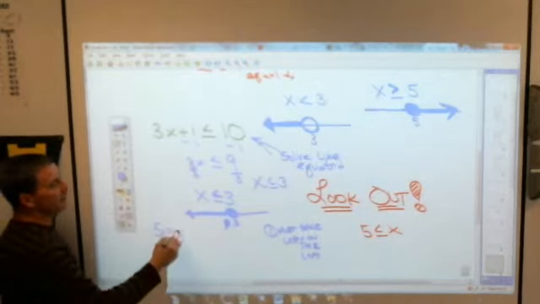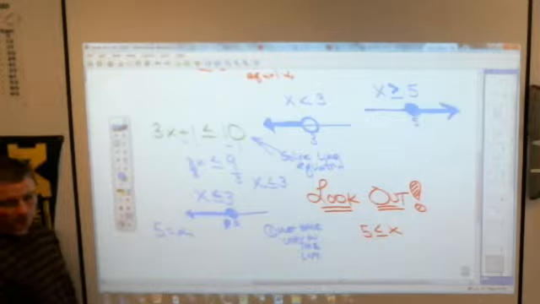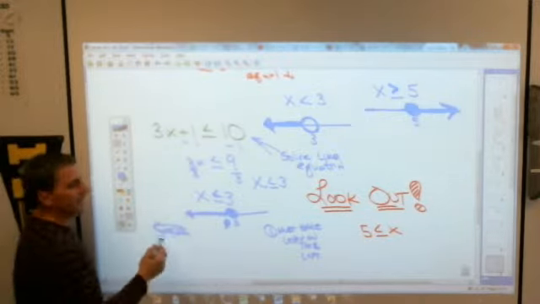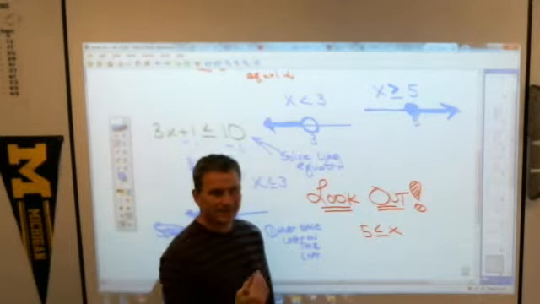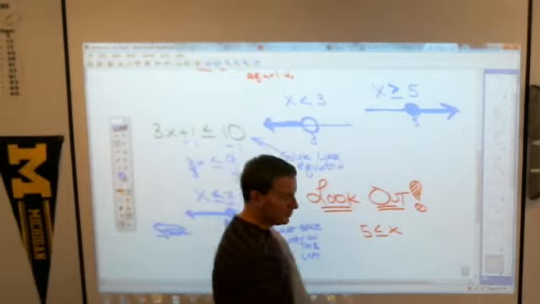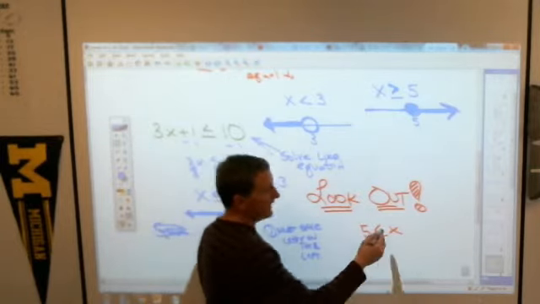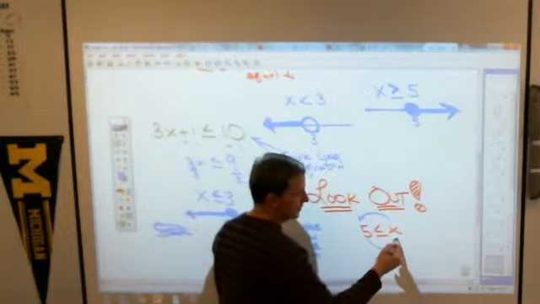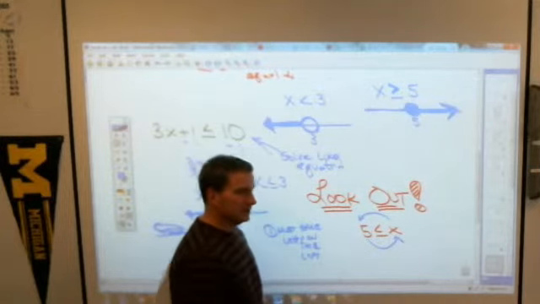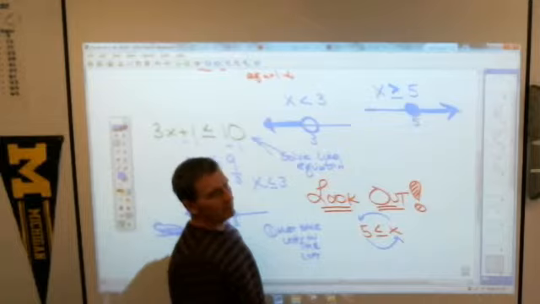Because if 5 would equal x, I can just flip those around and x equals 5, yes? Yes. But that's not the case with inequalities. You're not allowed just to start moving things because these things tell you things that are not equal. You can flip-flop these things, it is possible to do, but if you do it, the sign has to flip-flop too.